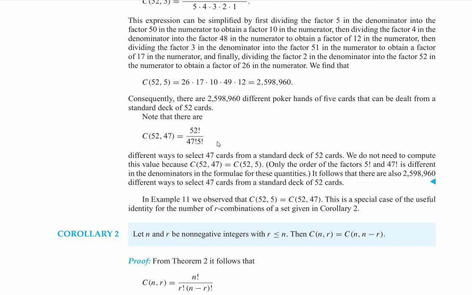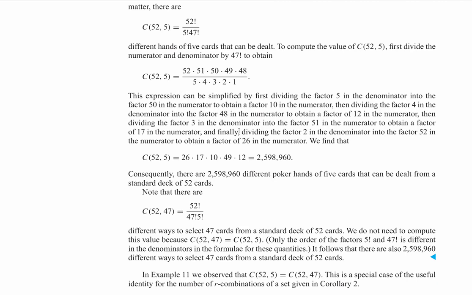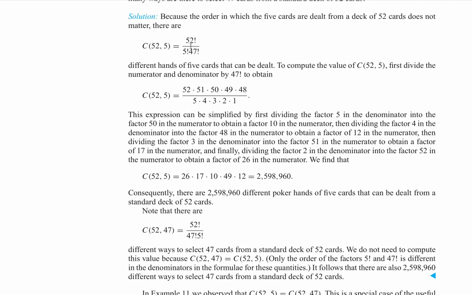Okay, and for the other question, choosing 47 combinations from 52. Well, by our formula, that's going to be the same number. You can see it in the factorial expressions.